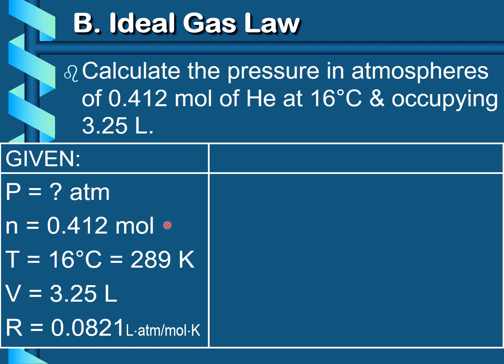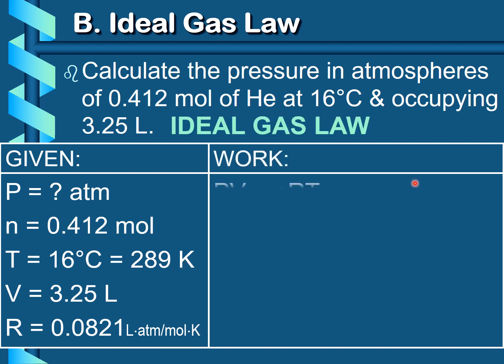We will be using the universal gas constant 0.0821, because its unit is liter atmosphere per mole Kelvin, and you will see later on that it is also consistent with the unit of the temperature, which is Kelvin. Using the ideal gas law equation, PV equals nRT, we just need to manipulate the equation.